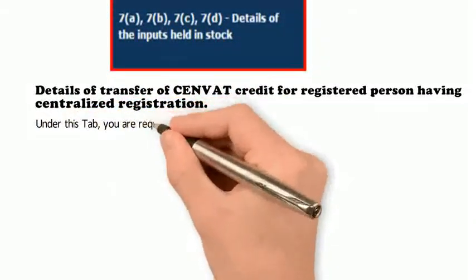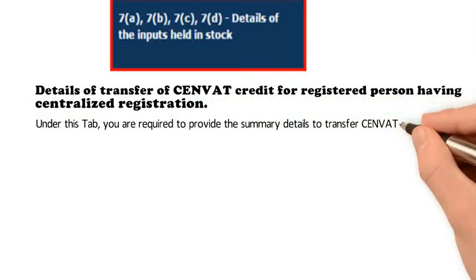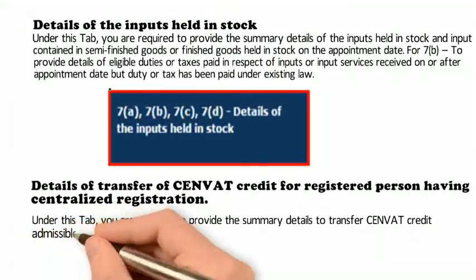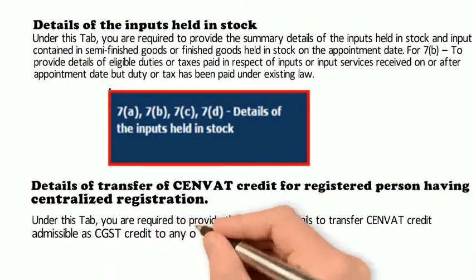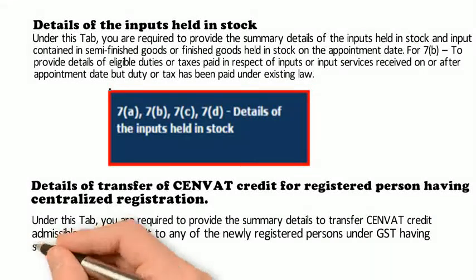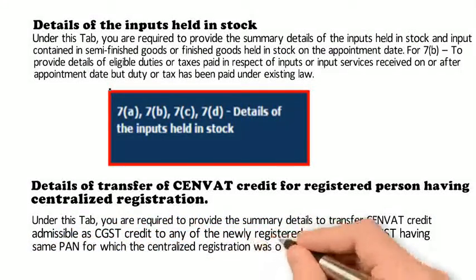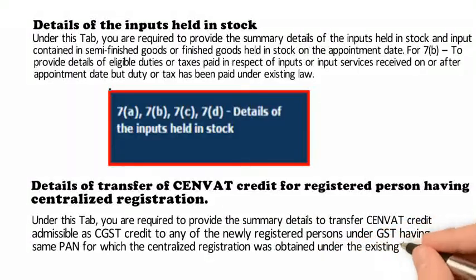Under this tab, you are required to provide the summary details to transfer CENVAT credit admissible as CGST credit to any of the newly registered persons under GST having the same PAN for which the centralized registration was obtained under the existing law.